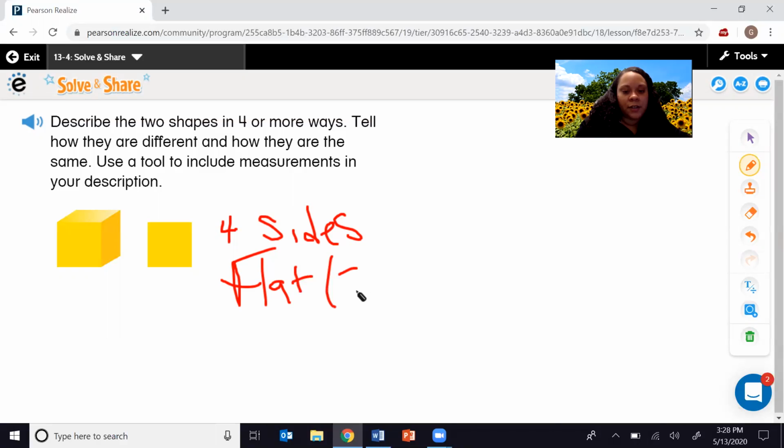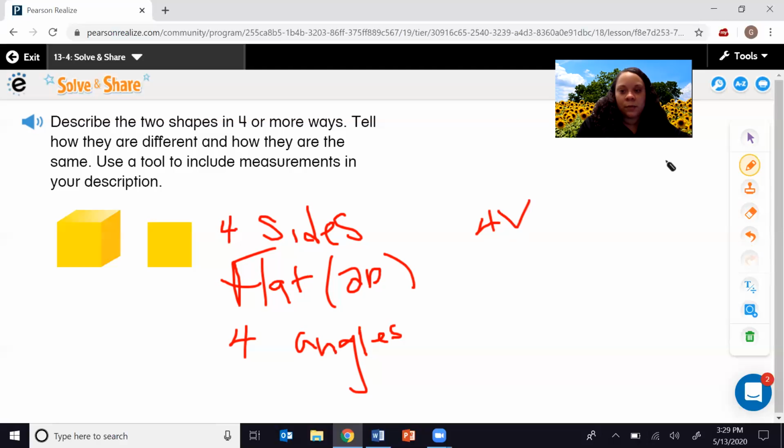Or the other word for that is 2D. It has 4 angles. And then 4 vertices. So I'm going to put 4V for vertices.